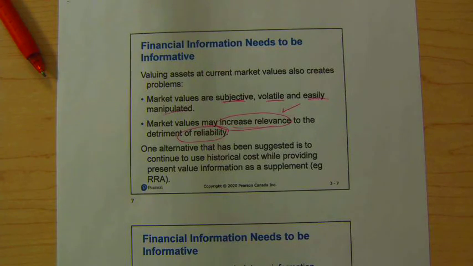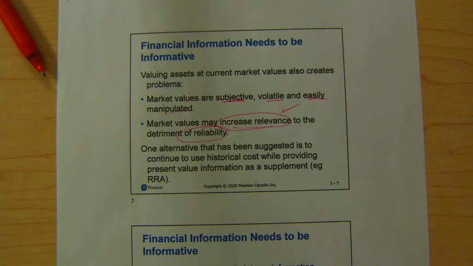Now, Canada's relatively new to IFRS. They haven't started revaluing yet. No one's really bought into the fair value, probably because our largest trading partner is the US, and they, of course, are using FASB, which doesn't allow for that. But you could give that information supplementary in the notes, right?